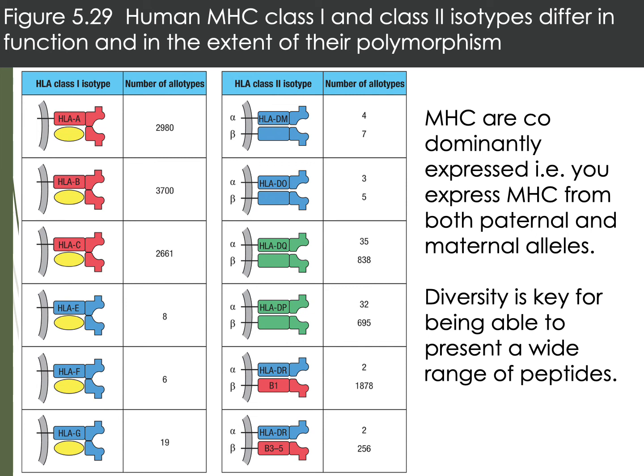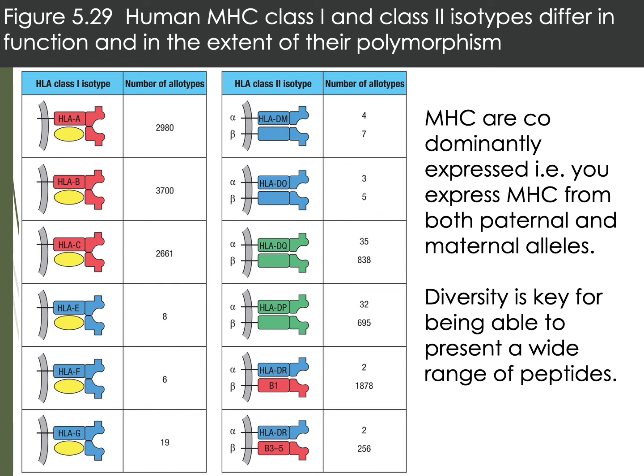This allows for more diversity of the MHCs that are on the surface of the cell, because remember, each of these MHCs has a peptide binding groove, and each of them is going to have little variations. So the different isotypes and allotypes that end up being produced allow for additional different peptides to be presented.